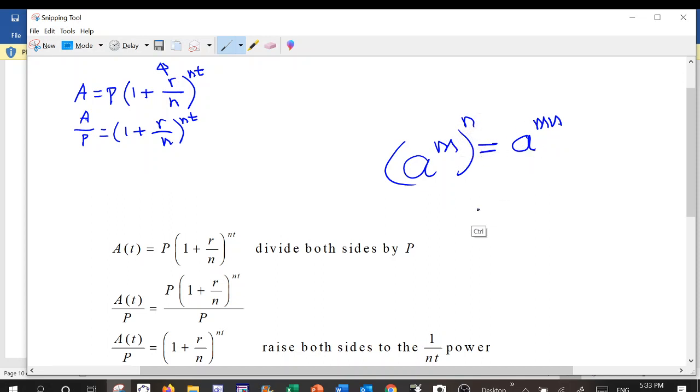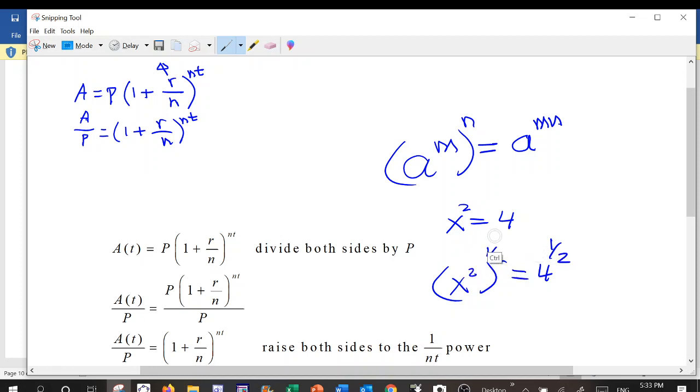You multiply the exponents. Now, if I have x squared equals, let's say, 4, and I want to solve it, what we say is take a square root of both sides. But taking a square root of both sides is equivalent to raising it to 1/2, right?